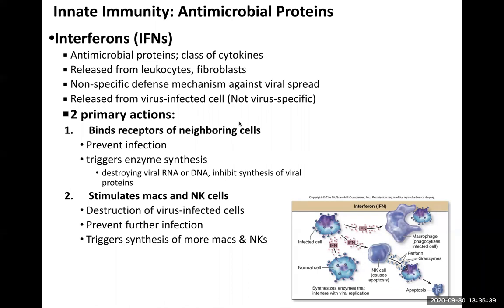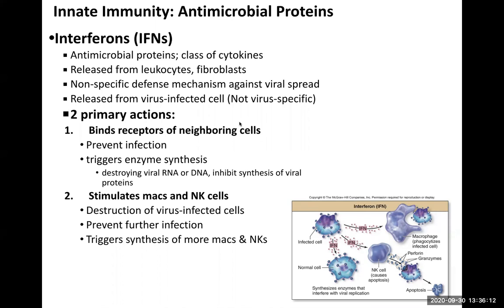So the infected cell will release interferons, and right now we're not going to worry about which specific interferons these are, but just suffice it to say that these cells will release interferons, and those interferons will bind to neighboring cells that have receptors for the interferons. And what this does is it triggers a mechanism by which the cells that bound the interferon kind of up their antiviral protective mechanisms.